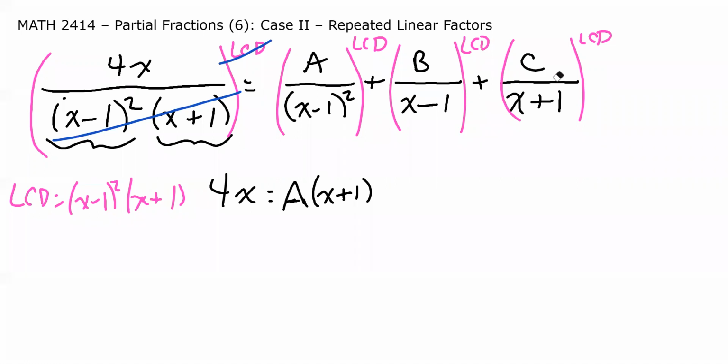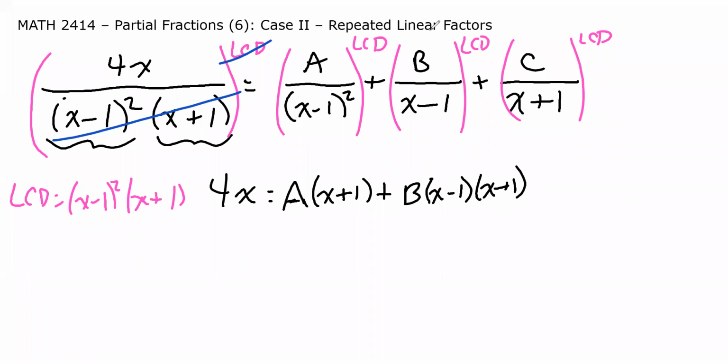On the second fraction, the b, of course, would be left. And when the least common denominator multiplies by this denominator, we would only cancel one of the x minus 1s, but we would still have one left over. And the x plus 1, of course, would still be there. So there's the result of multiplying the second fraction.